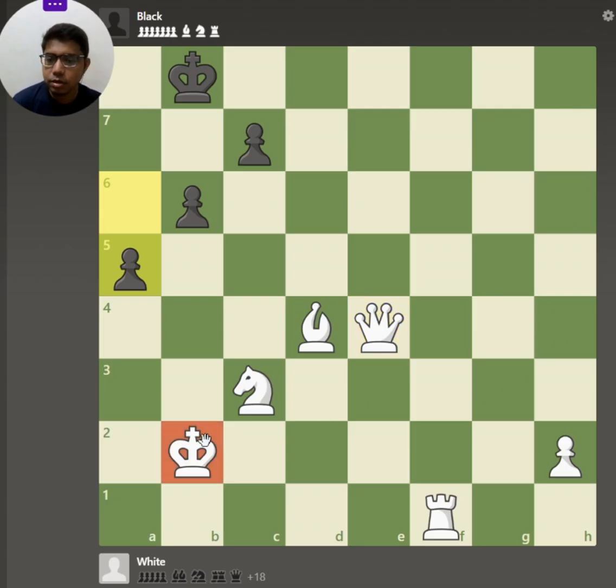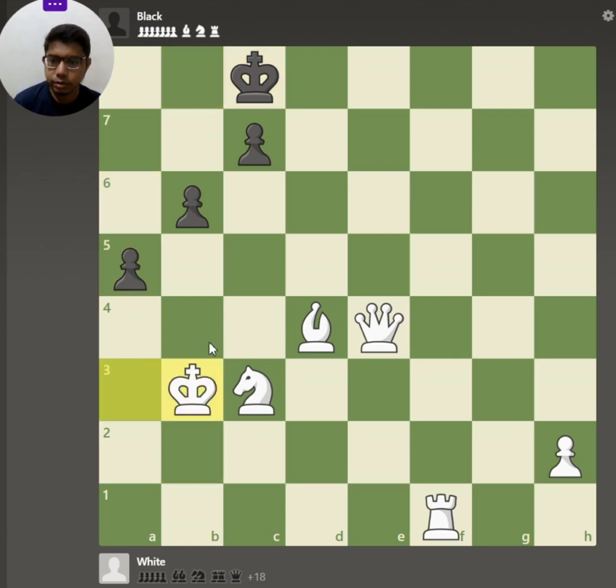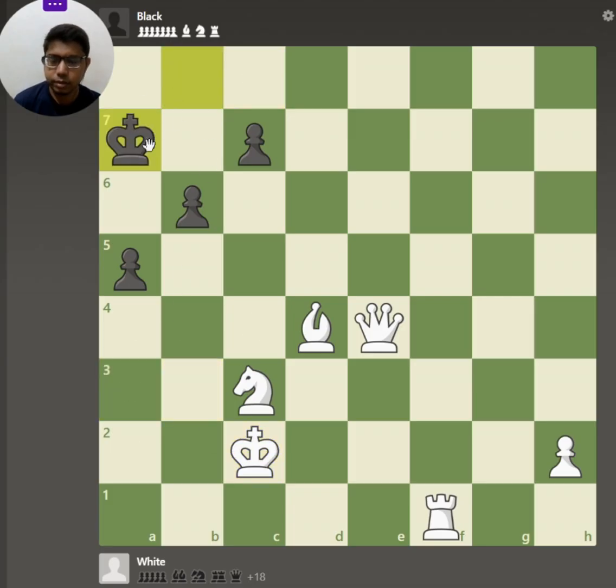And there's also our king, which can move one square at a time in any direction. So it can move there, there, there, in any direction.